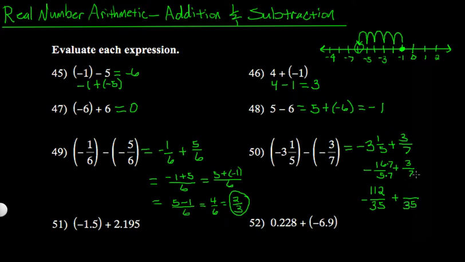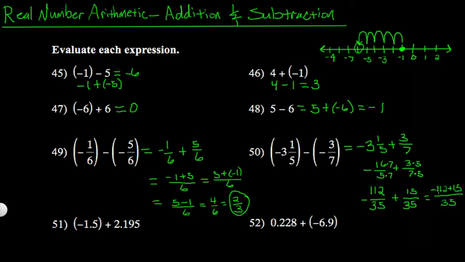How did I do it? I multiplied the 7 by 5, but if I do it to the denominator, I also have to do it to the numerator. So I also have to multiply the 3 by 5 to give me 15. And then I can add the numerators. So this is negative 112 plus 15 over 35, all right?